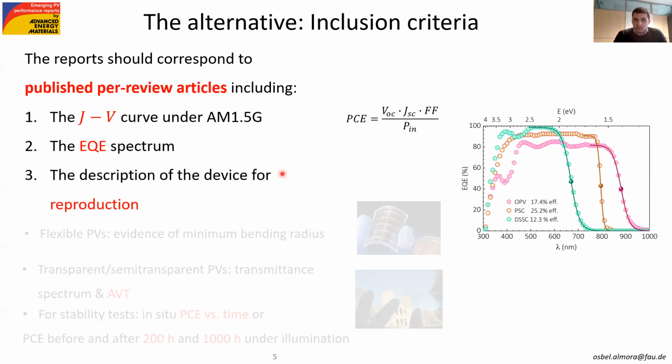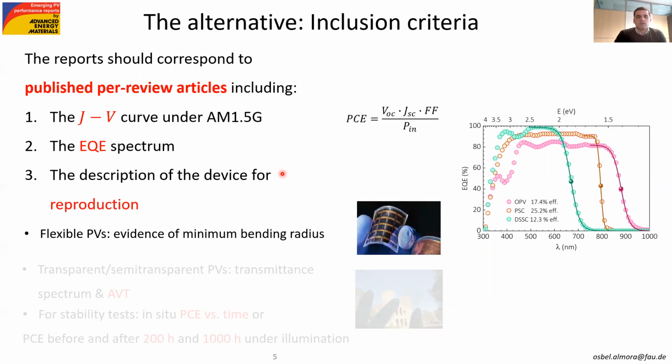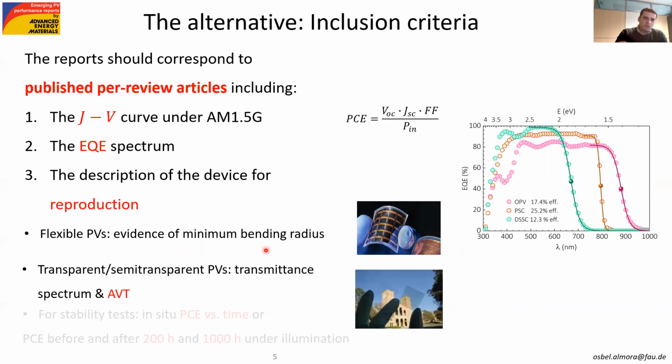In terms of each individual application, we also ask the researchers to, for instance, in the case of flexible photovoltaics, provide evidence on the minimum bending radius, or for transparent or semi-transparent photovoltaics, the transmittance spectrum in order to calculate the average visible transmittance.